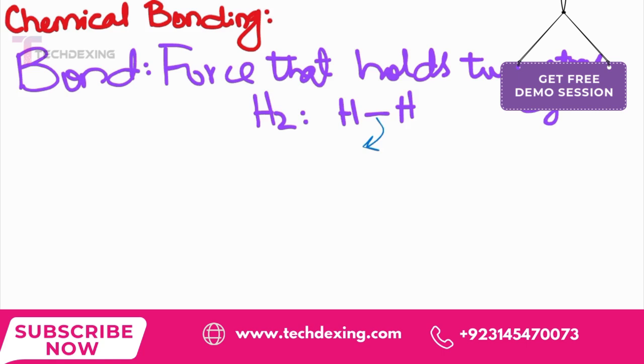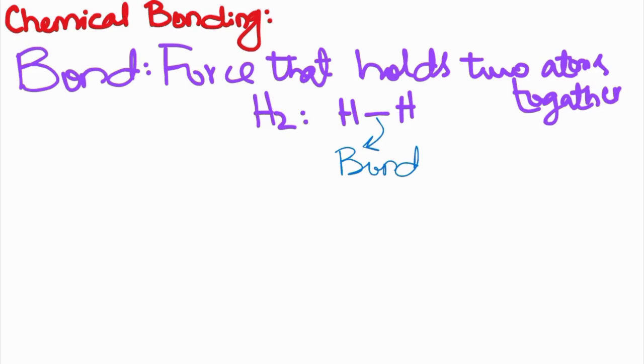This line shows a bond, because whenever two hydrogen atoms are to be connected to each other to make a molecule, there must be a force that exists between them to make the two atoms attached to each other. And hydrogen can be taken as the simplest molecule in chemistry.